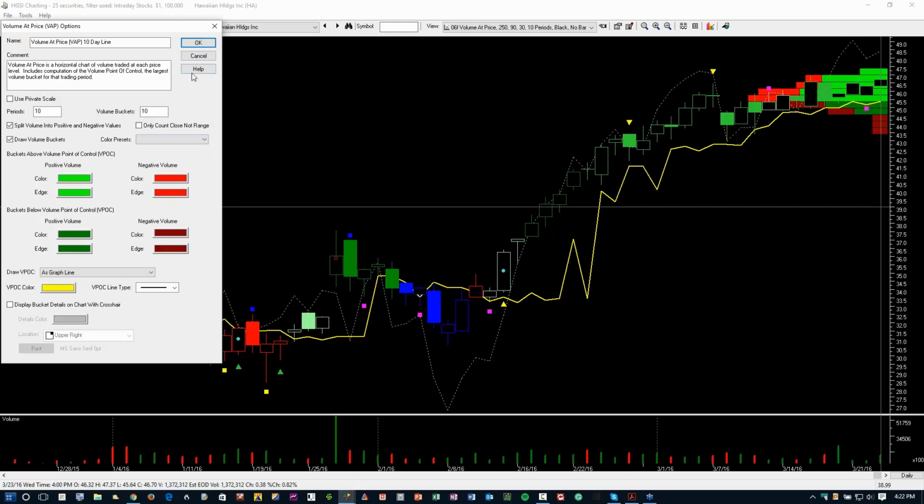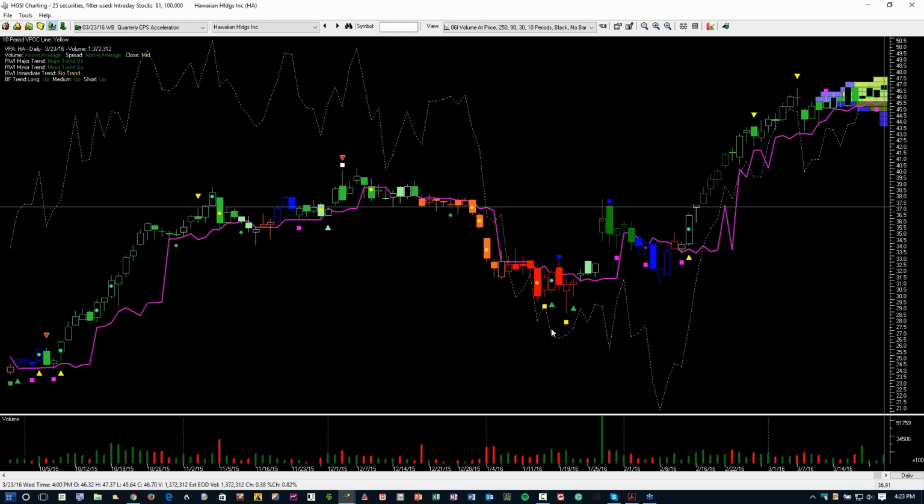Let's see. I want to try some. I haven't really messed with these other colors, Matt. Color options, yeah. Getting back to this, and if this is a valid way to think about this, I don't know. I'm just going to have to do more observation. But when we get periods like this, where there's chop and the price goes above and below the volume point of control, it really tells us that nobody's in control at that point.